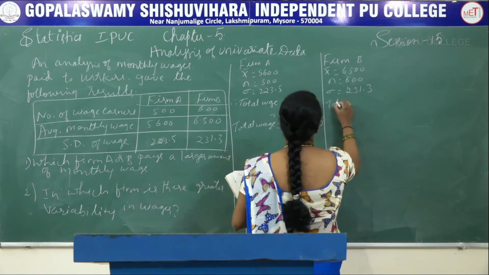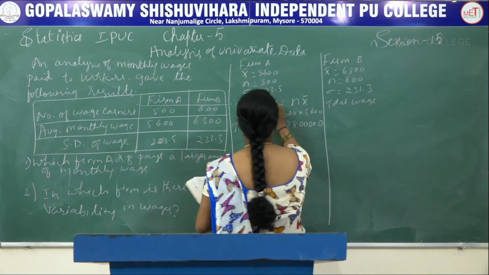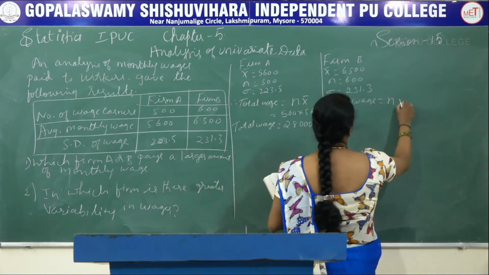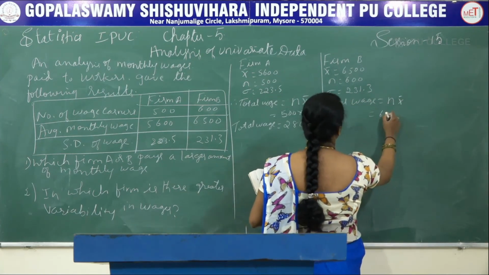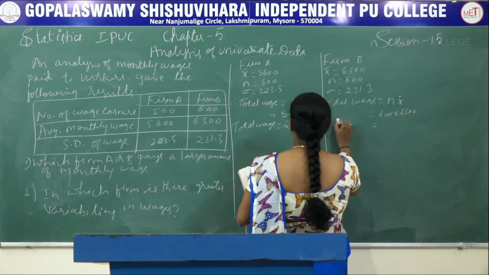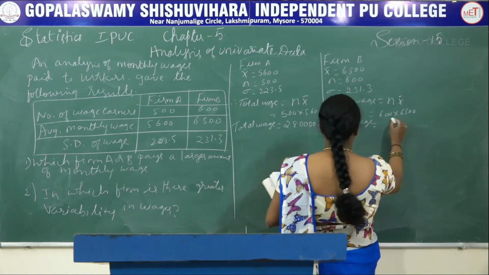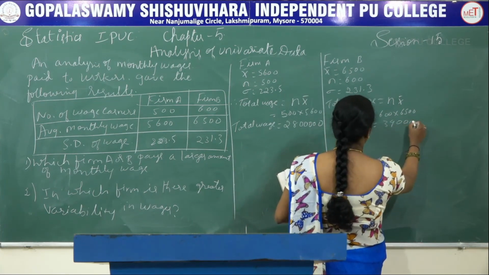For firm B, again the same procedure, 600 into 6500, total wages 39 lakhs.